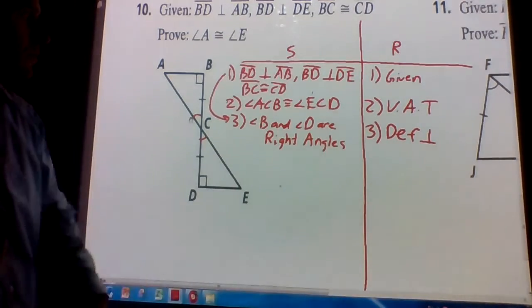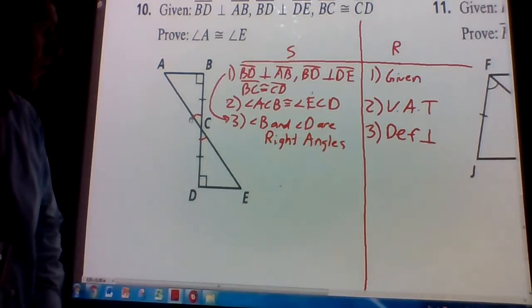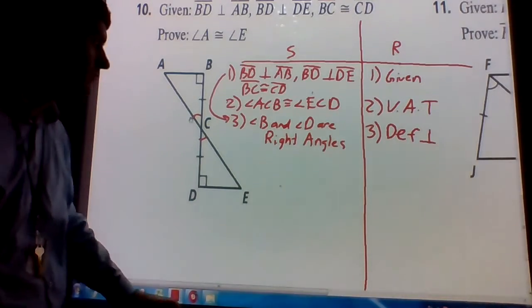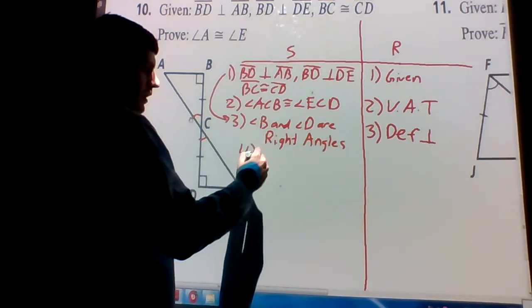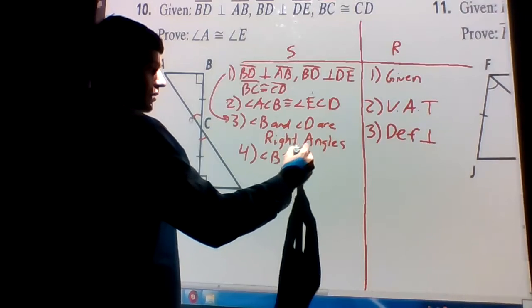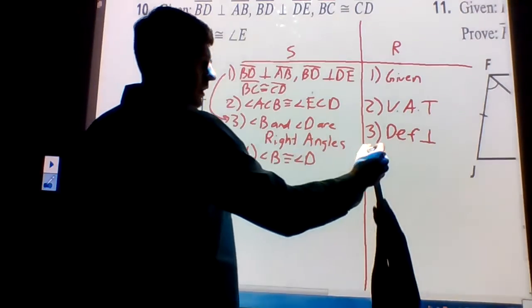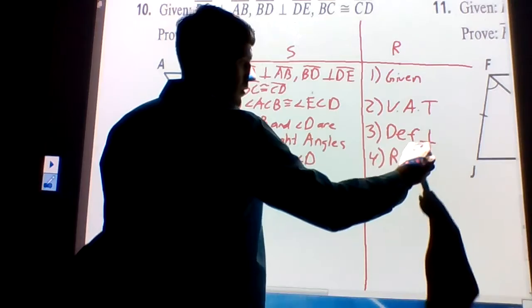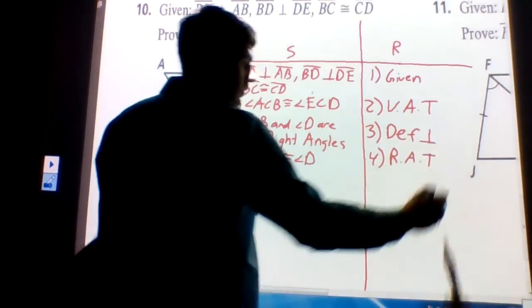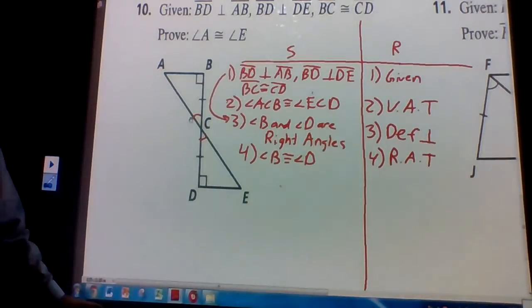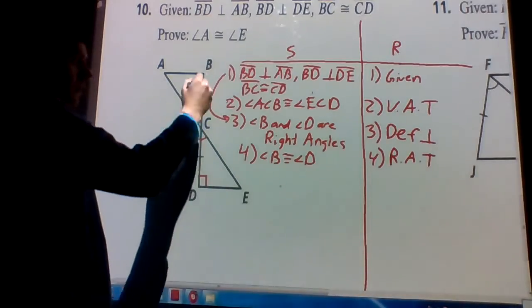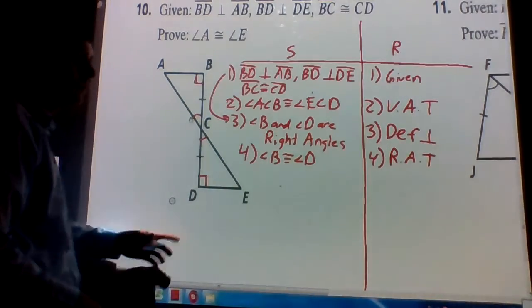So we have right angles. We can now say that angle B is congruent to angle D, by the right angle theorem, like we said. Right angles are congruent. So you could now use the third angle theorem.